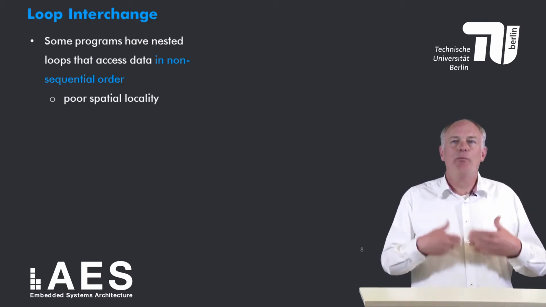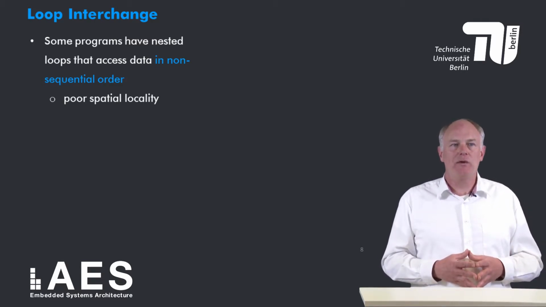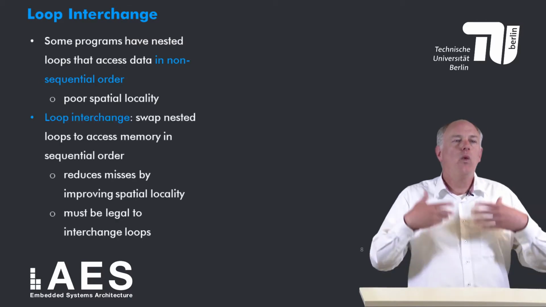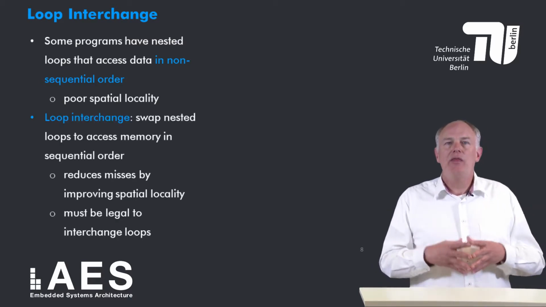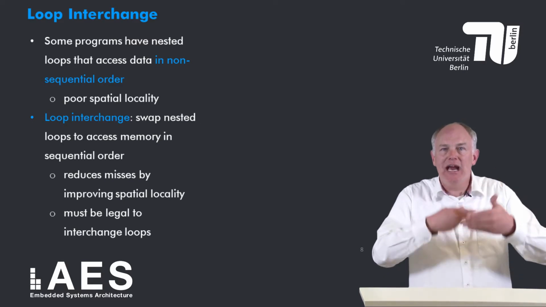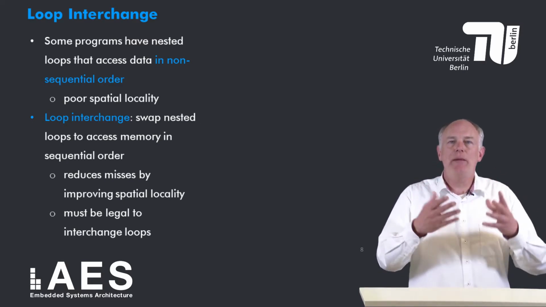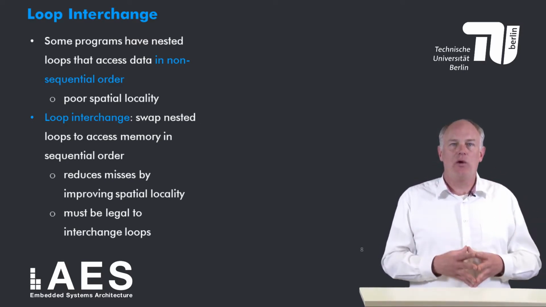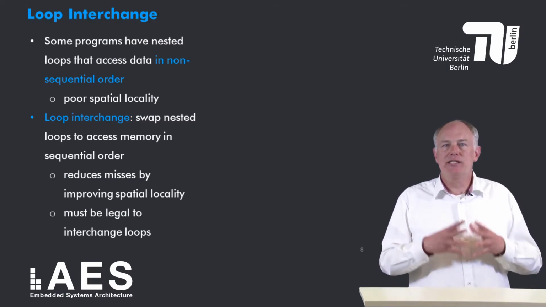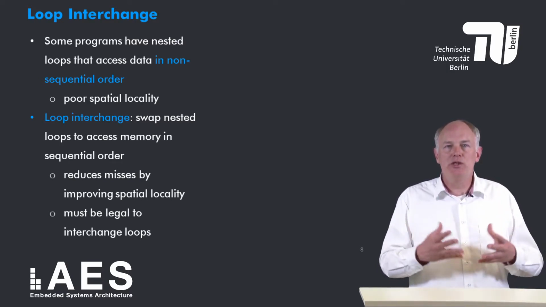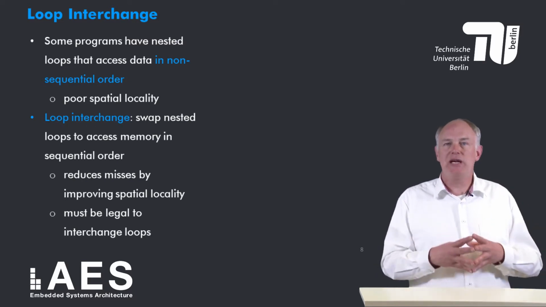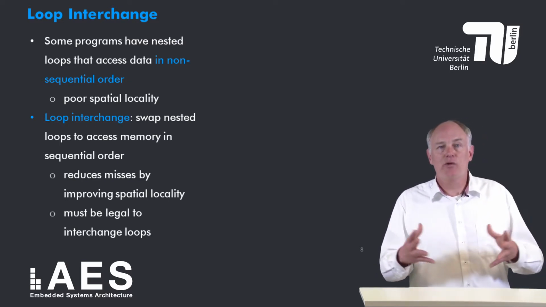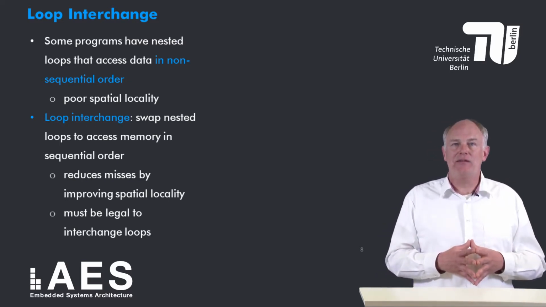This may lead to poor exploitation of spatial locality. When loop interchange is applied, the nested loops are interchanged or swapped so that memory is accessed in sequential order. Accessing consecutive memory locations reduces the number of misses by improving spatial locality. It must of course be legal to interchange the nested loops.